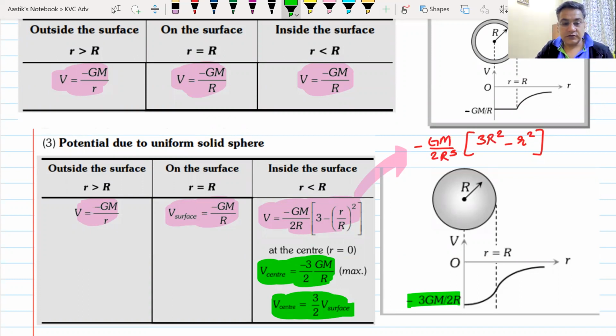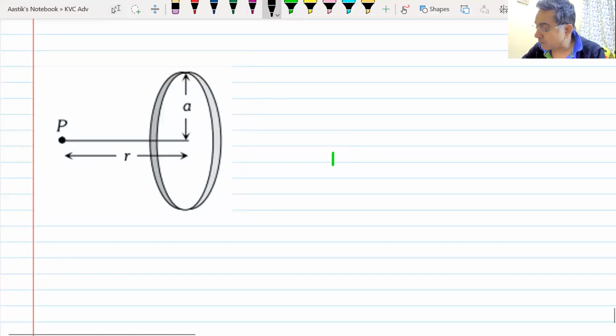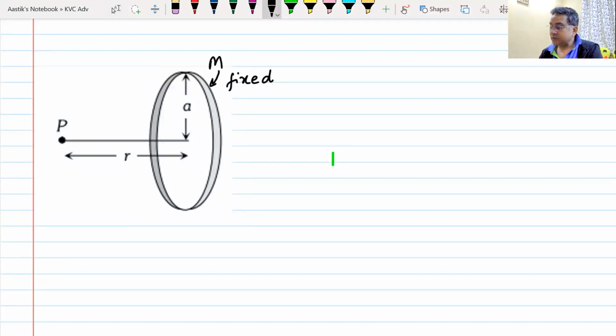So the question goes like this: there is a ring of mass m and radius a, and this ring is fixed, it cannot move. There is a point P and there is a small mass kept at this point, and this small mass is at rest.